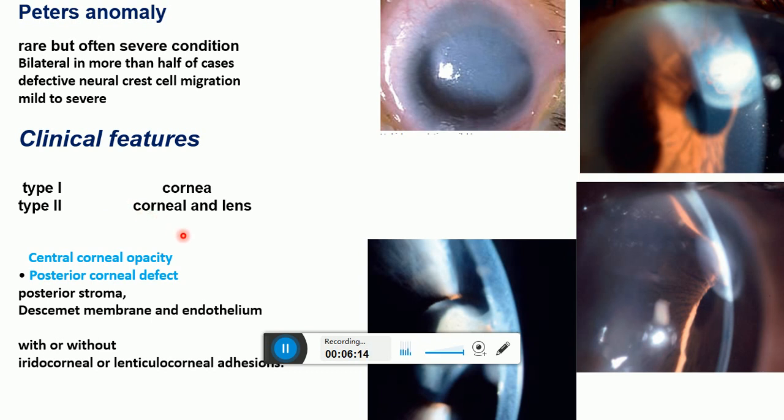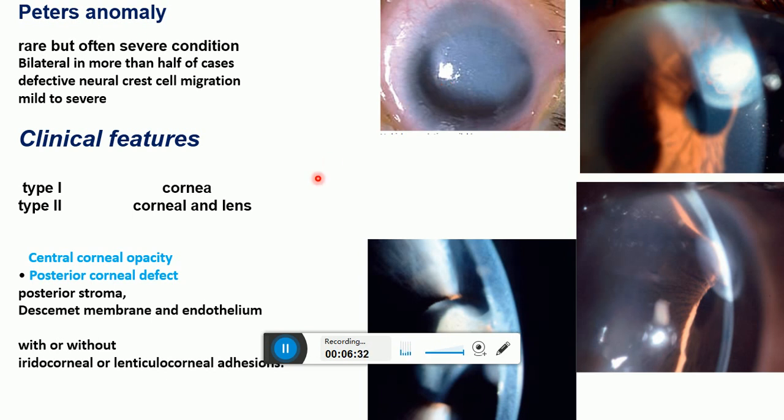There is central corneal opacity of variable density. Here you can see central corneal opacity and a large central opacity.